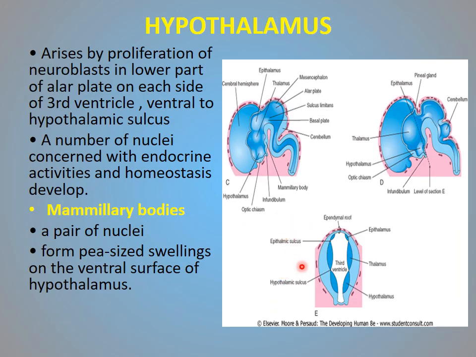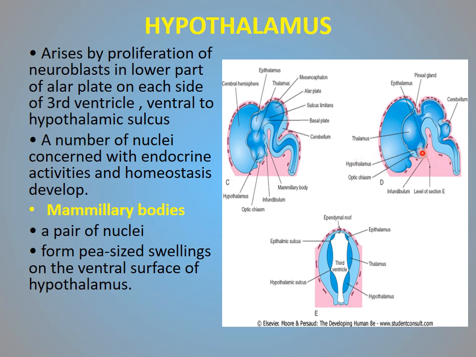Later on, the caudal swelling in the alar plate is formed, which is called the hypothalamus, and it is separated from the thalamus by the hypothalamic sulcus. So you can see here that this is the caudal proliferation of the neuroblasts in the lower part of the diencephalon and on each side of the third ventricle, and it is separated from the thalamus by the hypothalamic sulcus.